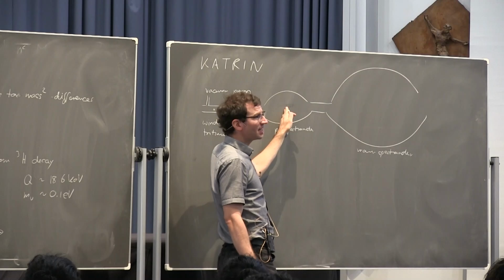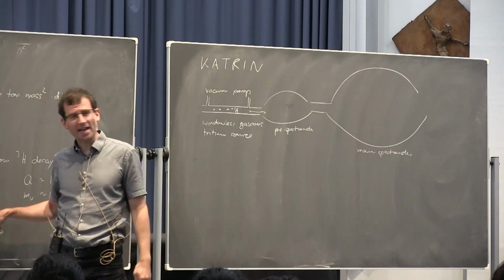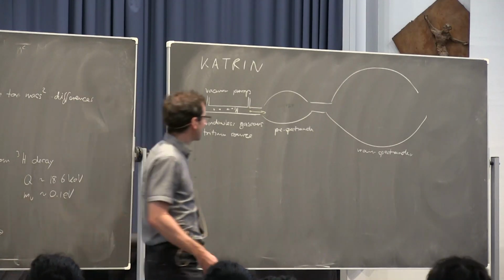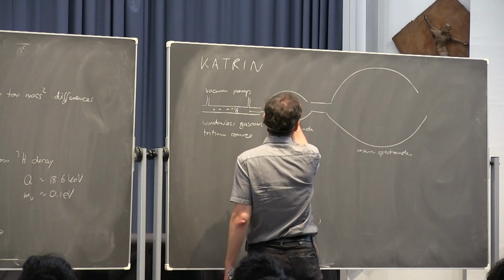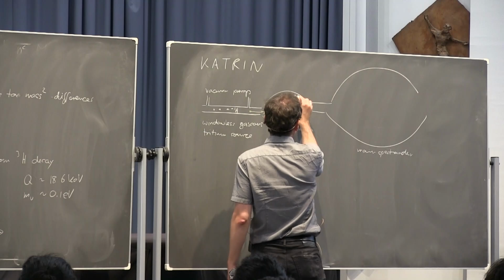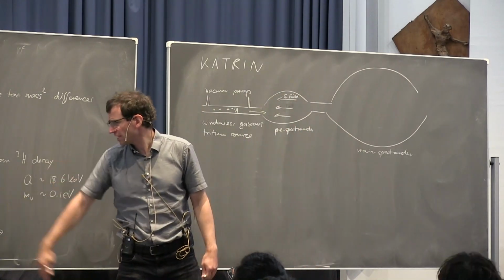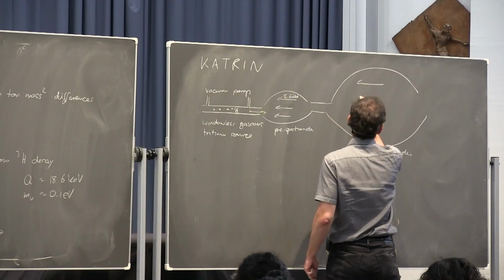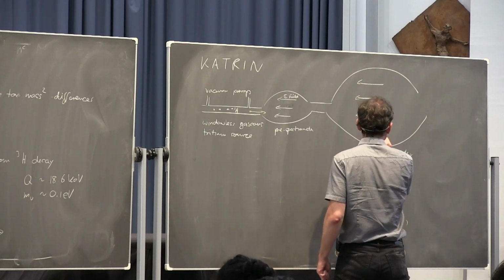And you choose this field in such a way that only the electrons that live very close here to the endpoint, so only the electrons with the highest energies, are able to pass the electric field. And you do this in two steps. First, to filter out the majority of the electrons, and then a more fine selection on those that remain.